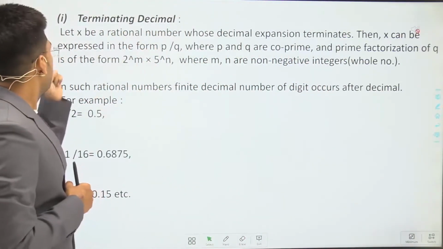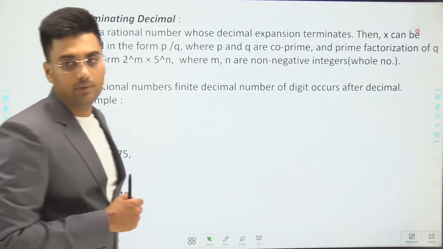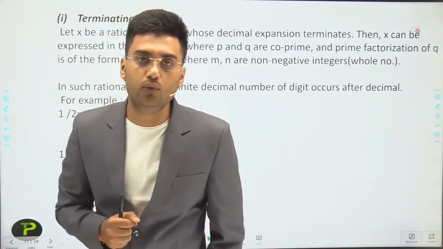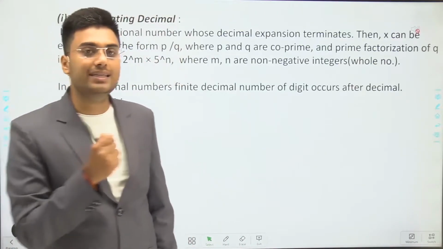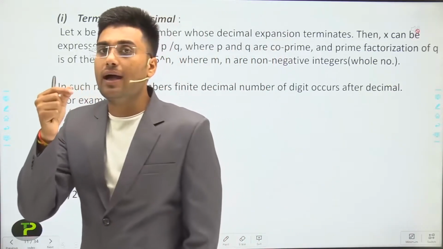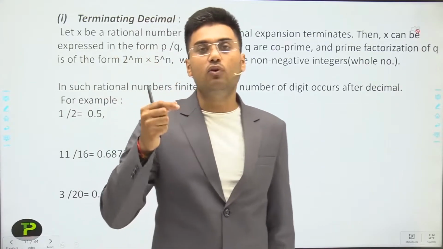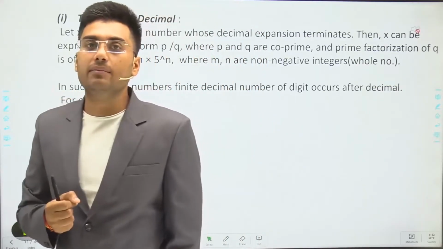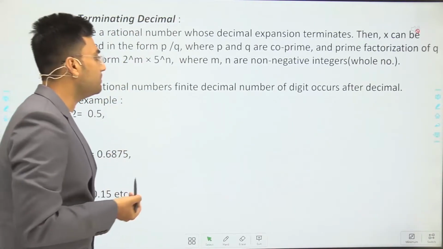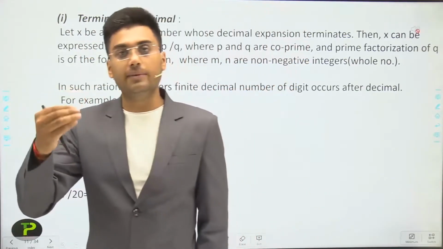Terminating decimals are those decimal forms of rational numbers where, if x is a rational number, we can write x is equal to p by q, where p and q are integers and q should not be equal to 0. And if q has a prime factorization in the form of 2 power m multiplied by 5 power n, then it represents a terminating decimal.